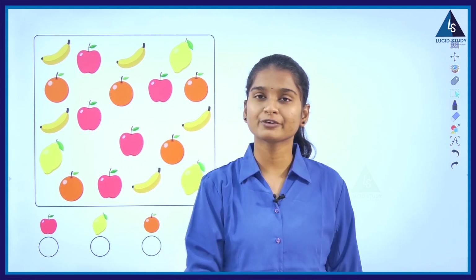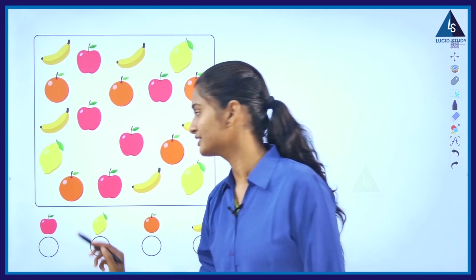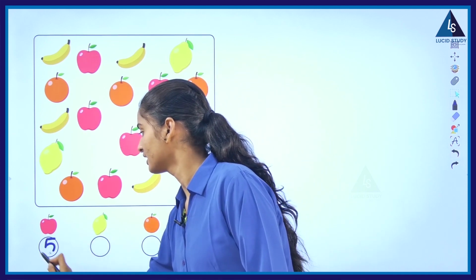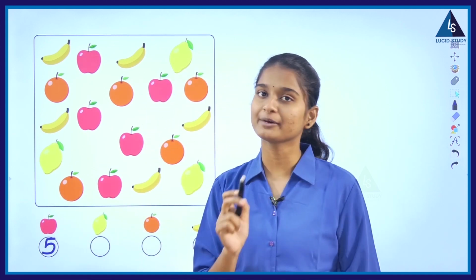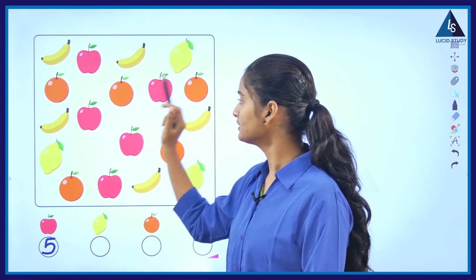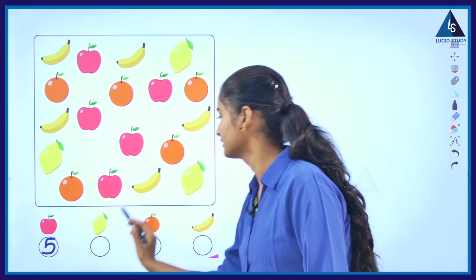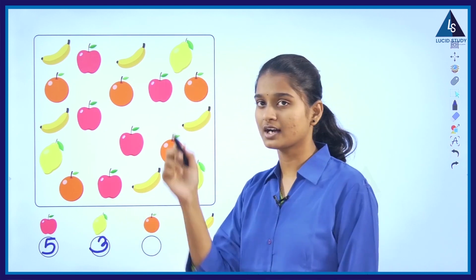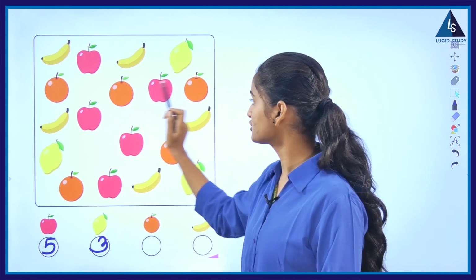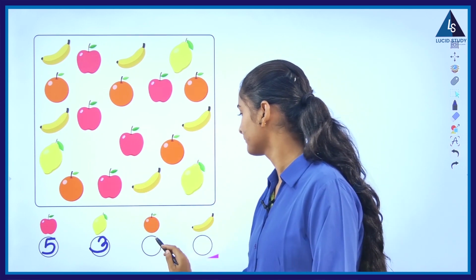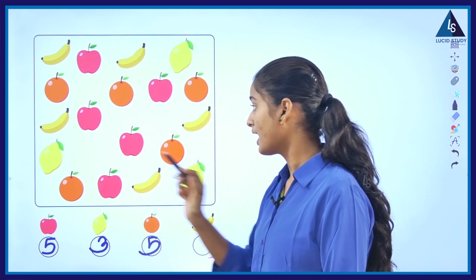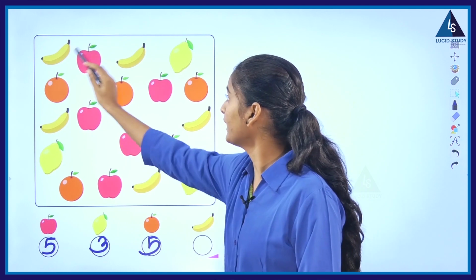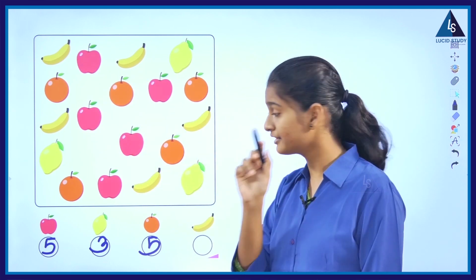So the total number of apples is 5. Now let us count mangoes. 1, 2, 3. Now let us count oranges. 1, 2, 3, 4, 5. And bananas. 1, 2, 3, 4, 5.